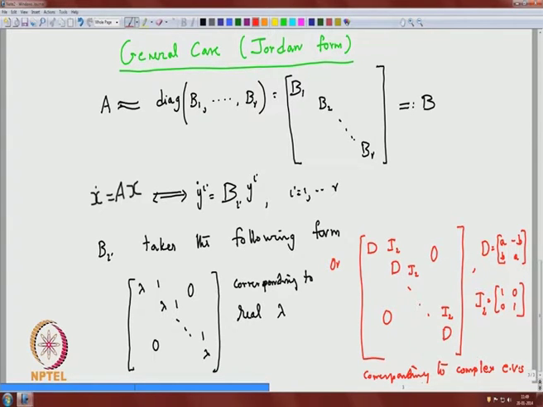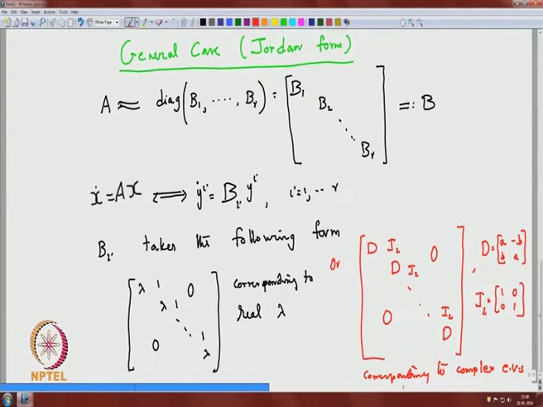Theoretically it is enough to know how to compute the exponential of these two types of matrices, which is what I am going to do right now.